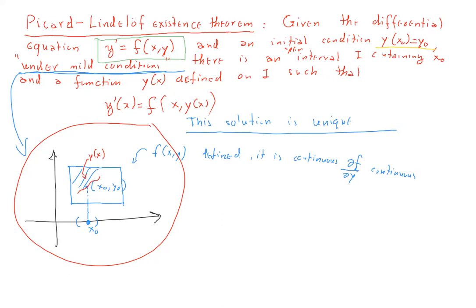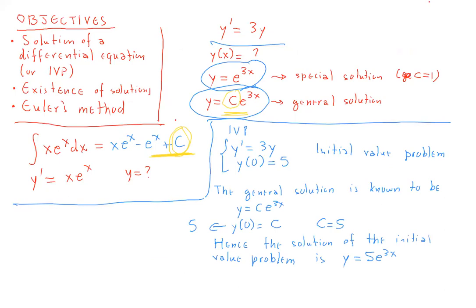Here you can see that this equation comes solved for the derivative. In other words, if you go back to the two equations that we have seen today, this equation is fine because you can see that y prime is expressed in terms of x and y. You don't see x, but that doesn't matter.